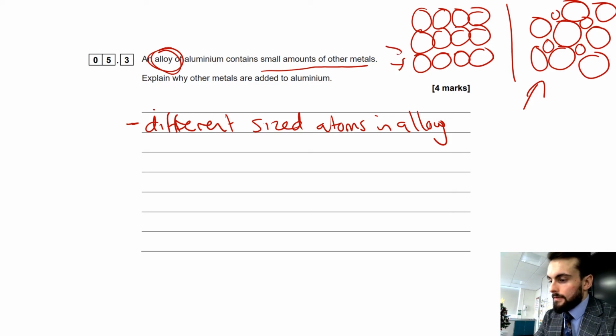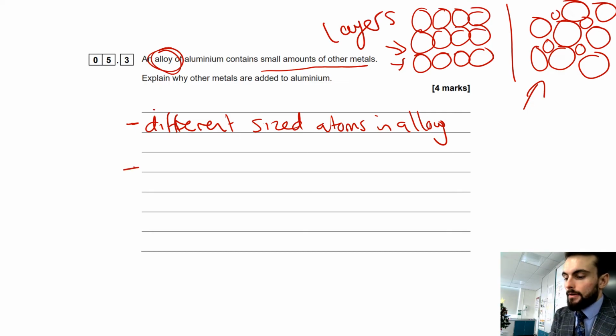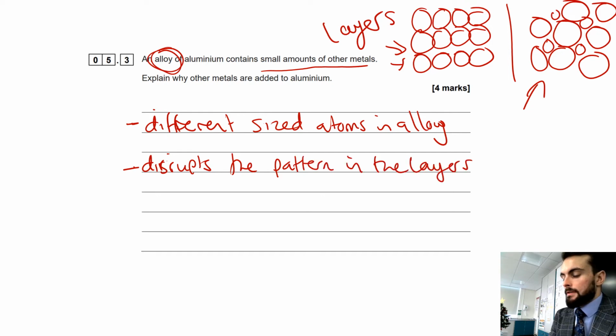If we look at this, this one has perfectly aligned layers and this one does not. So the reason we have different size atoms in an alloy is it disrupts the pattern in the layers. So therefore, what can the layers not do? Well, it's easy. That's the reason why metals are so ductile: the atoms in the layers can slide over each other and we can mold it into different shapes.